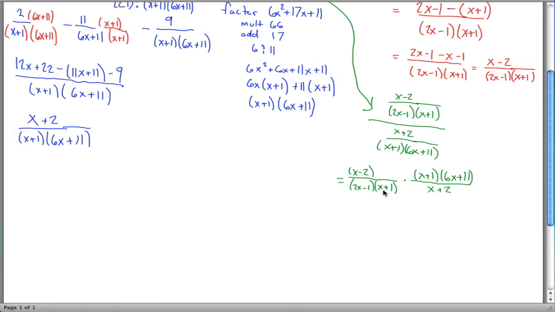And in this, maybe you'll notice that this x plus 1 here and this x plus 1 cancel out. So really, in green, what I'm left with is x minus 2 times 6x plus 11 divided by 2x minus 1 times x plus 2.